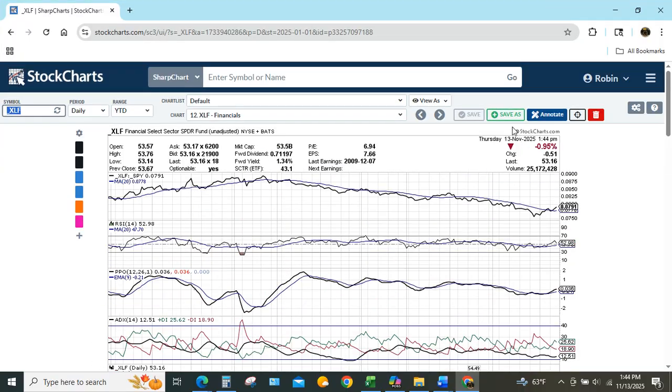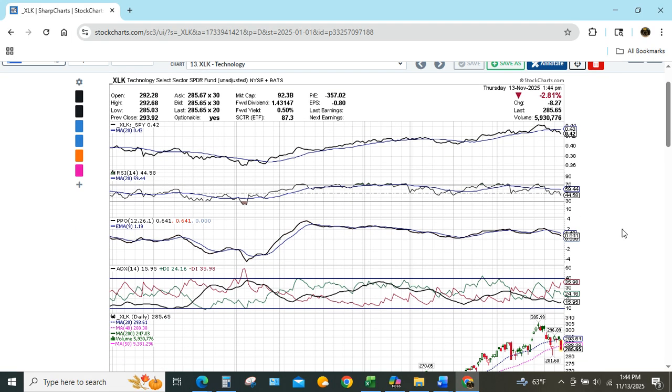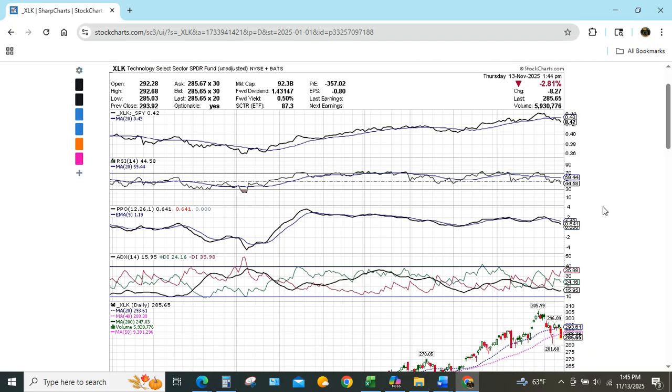XLK, which is the technology sector. And this one, you can see that it looks like the strength is weakening against the SPY. So not a good sign for technology sector, in my opinion.